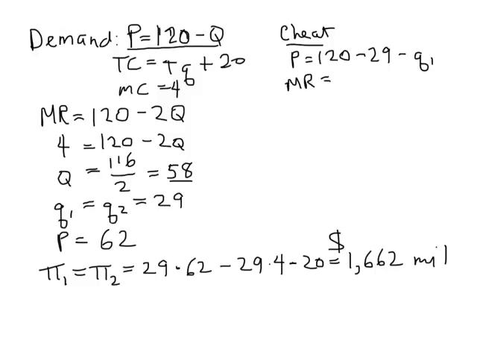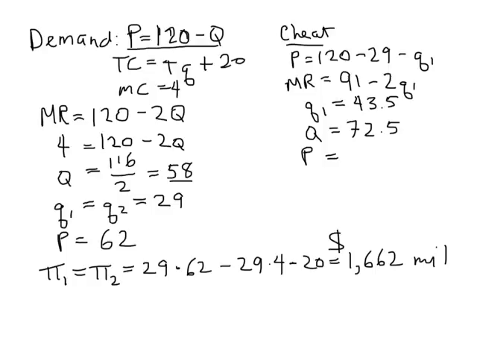Marginal revenue then is, that's my 91, minus 2Q1, set it equal to 4. You get 2Q1 equals 87, so Q1 is equal to 43.5. Q then is equal to 43.5 plus the 29, that's 72.5.